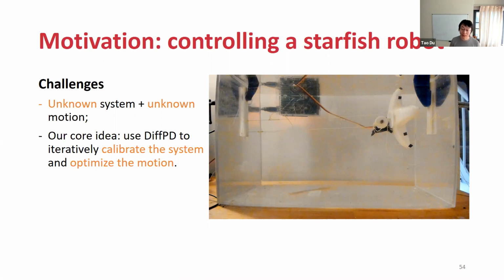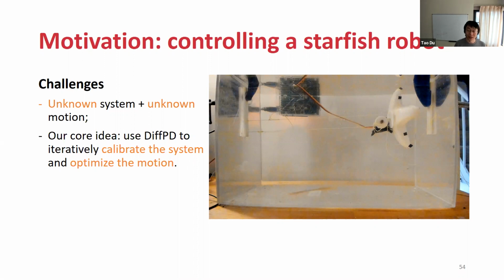So in this work, we are making our first attempt at incorporating as much computational power or computational algorithms as possible to automate and simplify this process. Specifically, we are considering this horizontally moving starfish instance. This is a custom-built soft underwater robot in our lab.